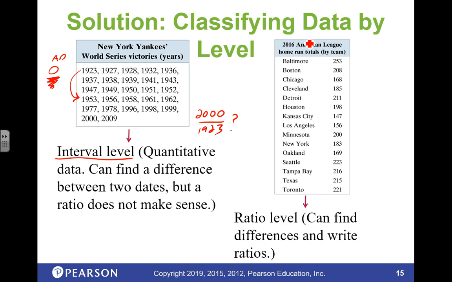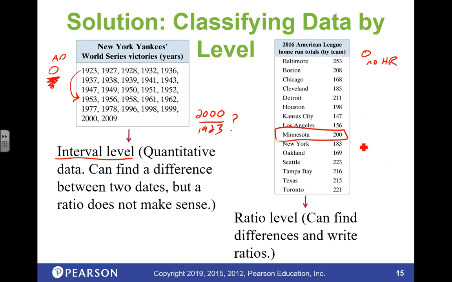But if we look at the data on the right, no team has this, but we understand what zero means. Zero means that a team would have had no home runs. And ratios also make sense. No team has this, but just for simplicity of numbers, Minnesota had 200 home runs.